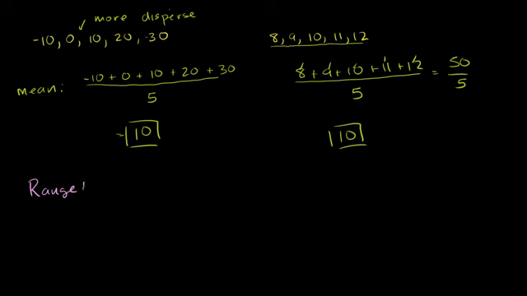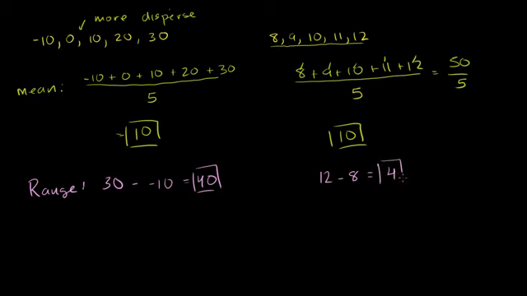Literally, you take the largest number, which is 30 in our example, and from that you subtract the smallest number. So 30 minus negative 10 is equal to 40, which tells us that the difference between the largest and the smallest number is 40. So we have a range of 40 for this data set. Here, the range is the largest number, 12, minus the smallest number, which is 8, which is equal to 4.